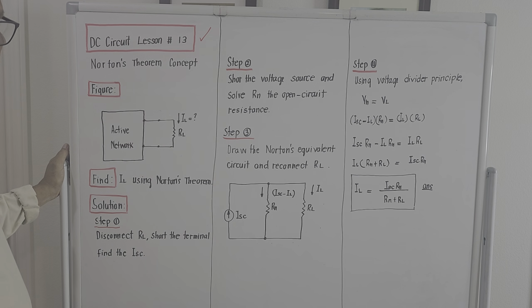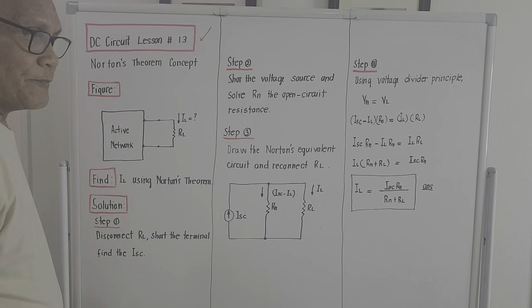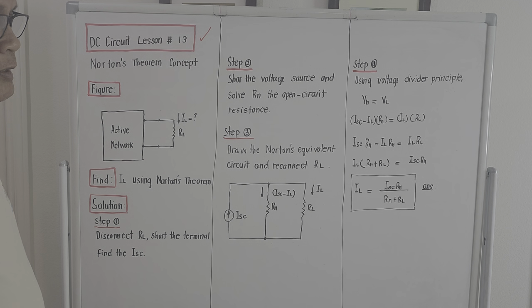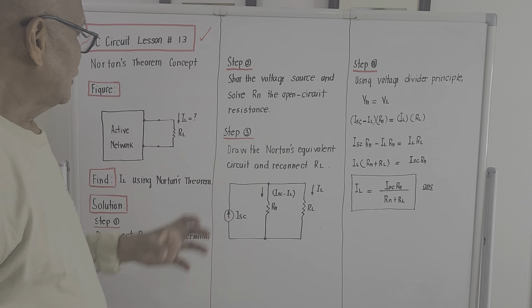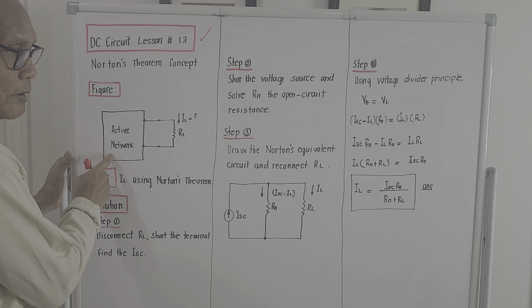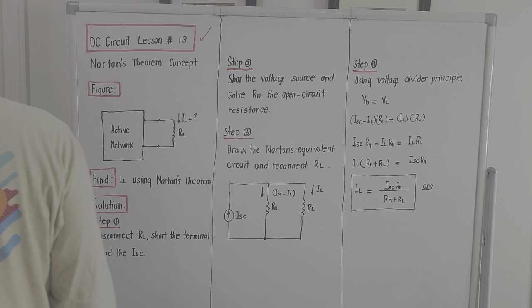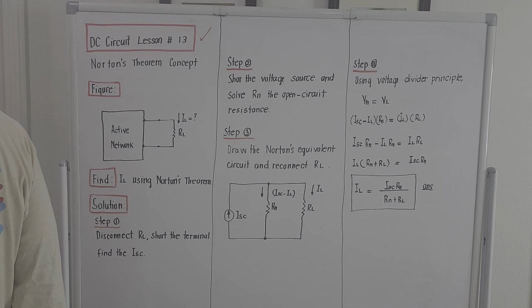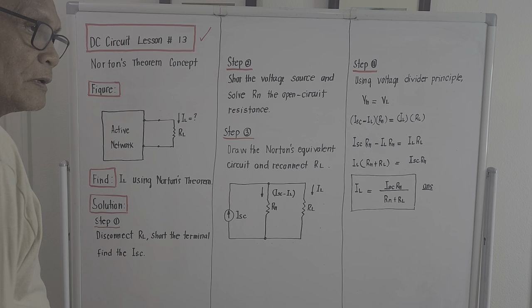This will be a concept on how to solve for a current in a given RL load if that load is connected to an active network. So in here it seems we are given an active network.